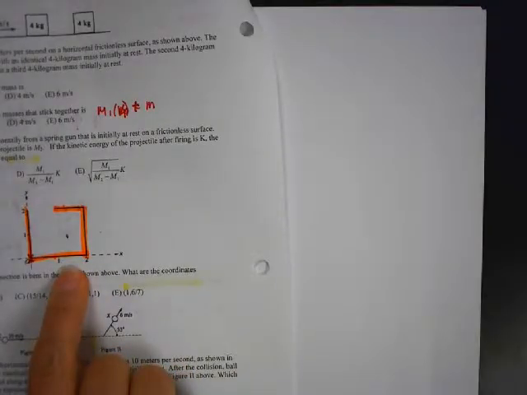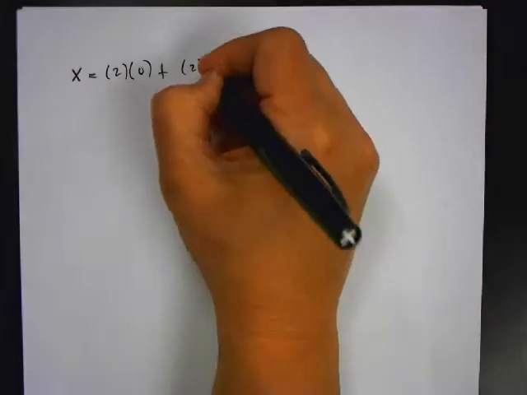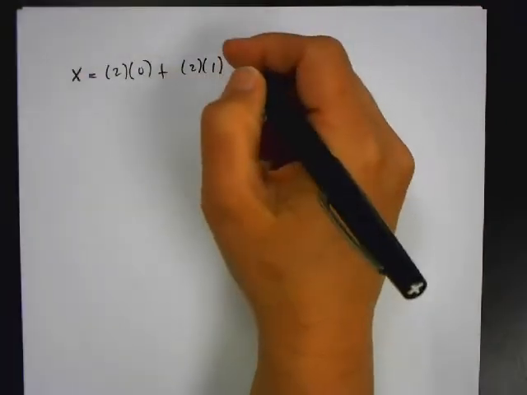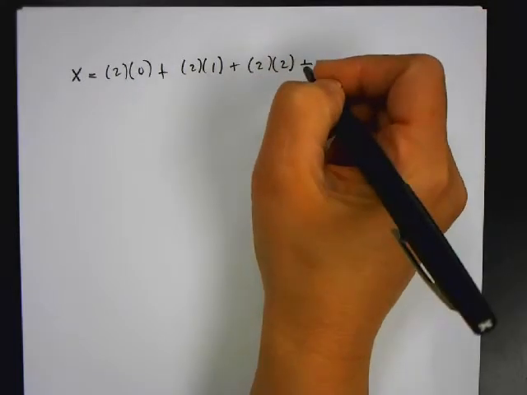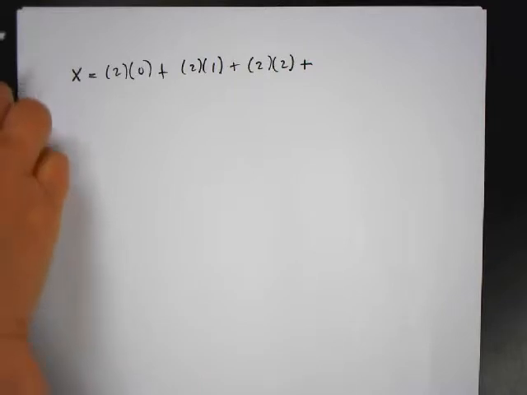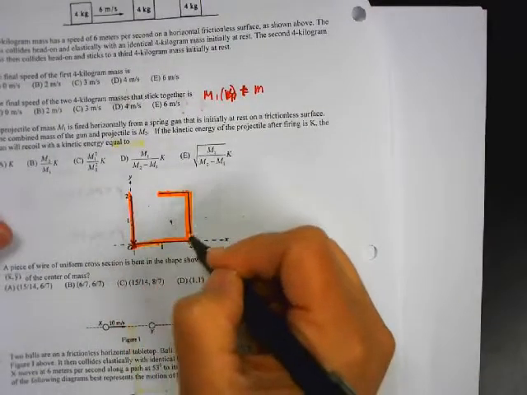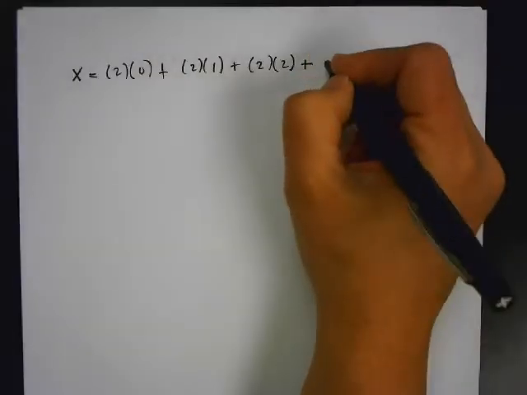Then if we do this piece, 2 times 1. Then the next one is 2 times 2. And then the top one is half. If this is 2m, 2m, 2m, this mass is only half, so this is just going to be m.